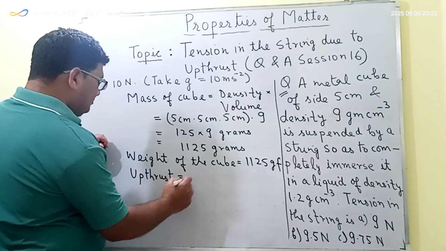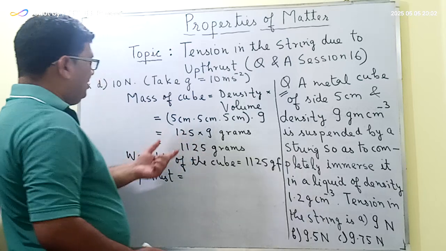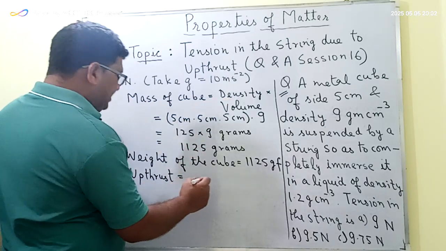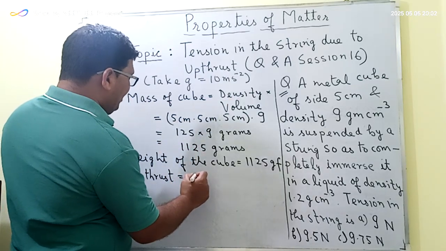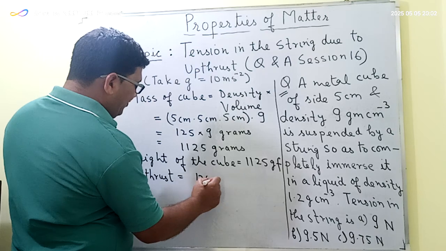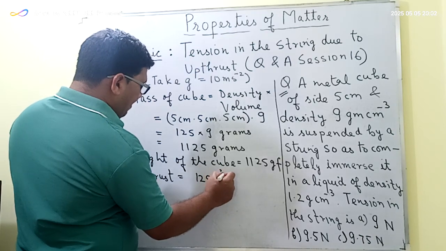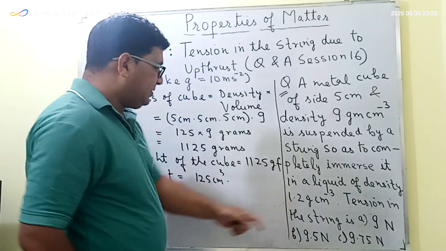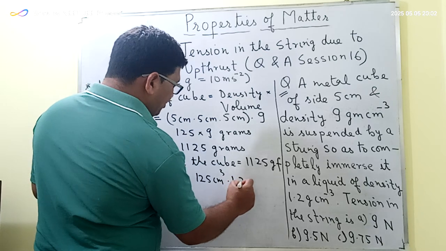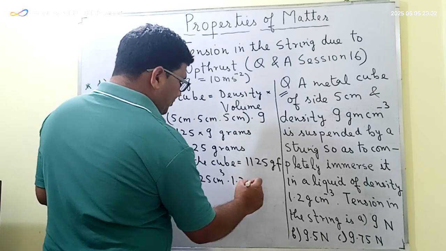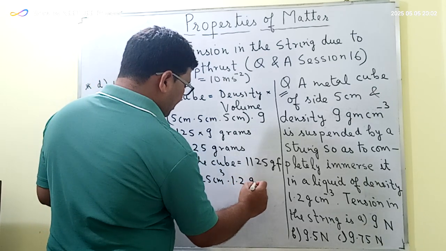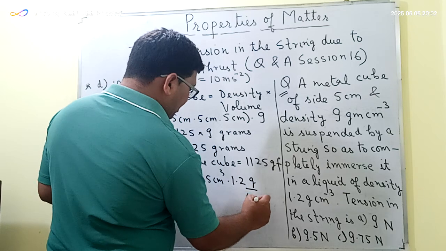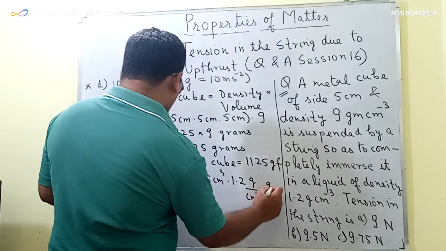will be equal to the volume of this metal cube, which is equal to 5 into 5 into 5, that is equal to 125 cubic centimeter, multiplied by the density of the liquid, which is equal to 1.2 gram per cubic centimeter, into g.